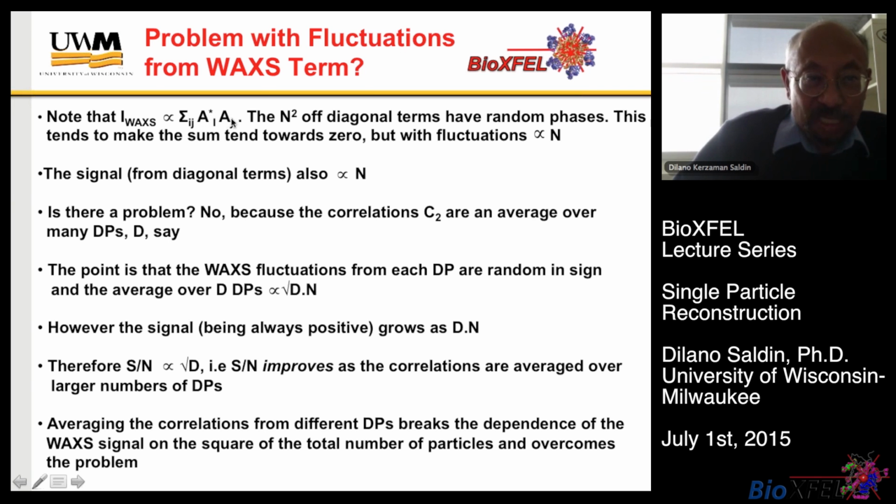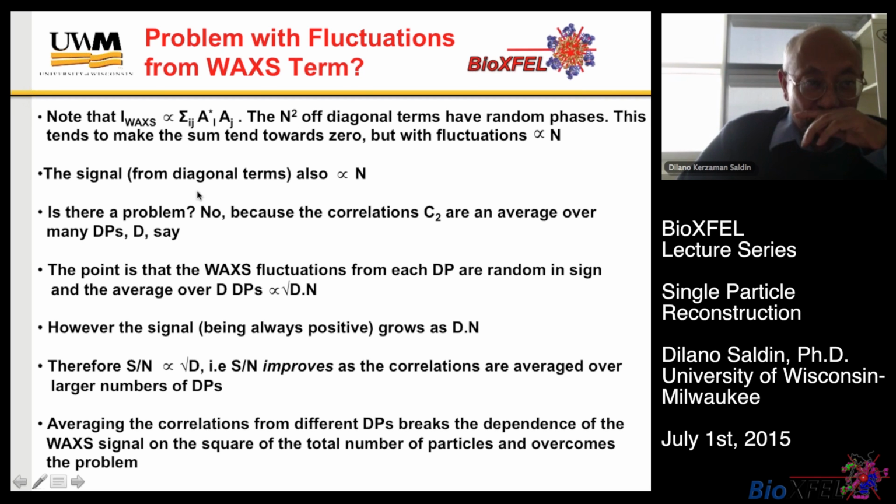Now, this involves diagonal terms and off-diagonal terms. The n-squared off-diagonal terms have random phases because these are randomly positioned, random phases, and this tends to make their sum tend towards 0. But the fluctuations in the off-diagonal terms tends to go as n because there are n-squared off-diagonal terms.